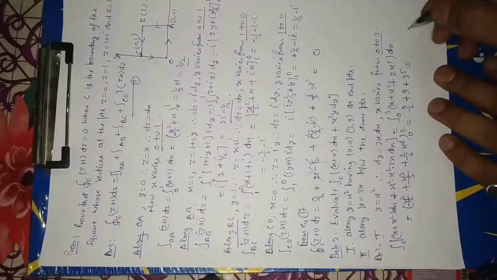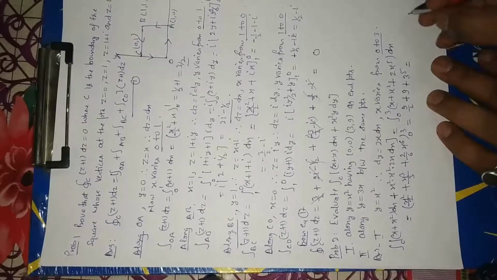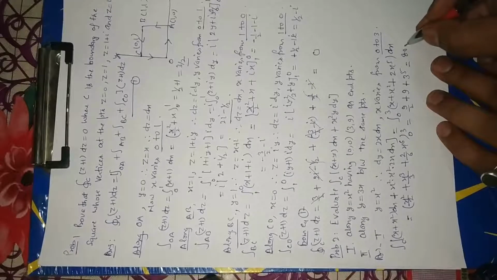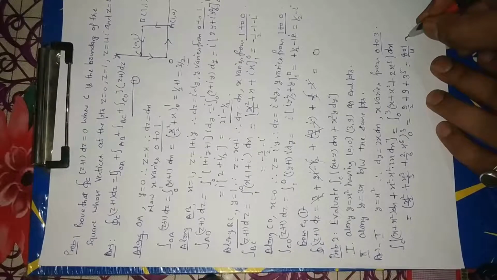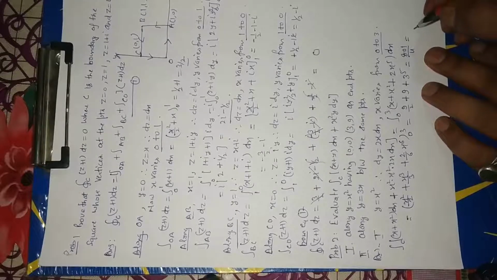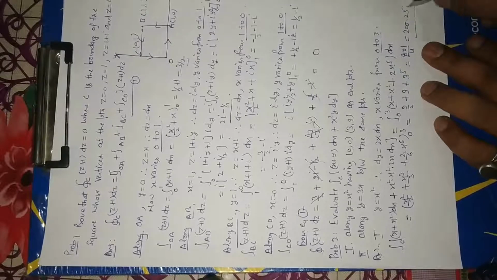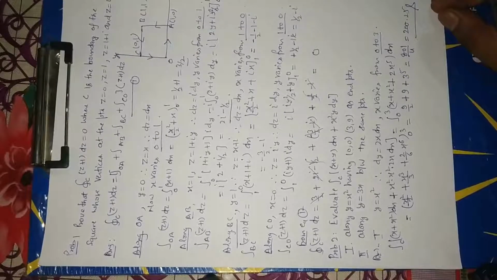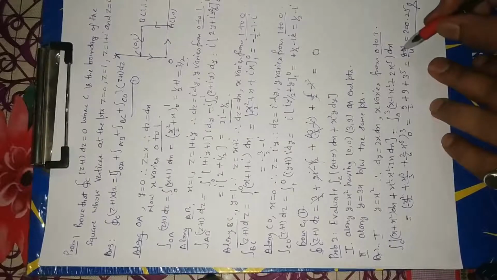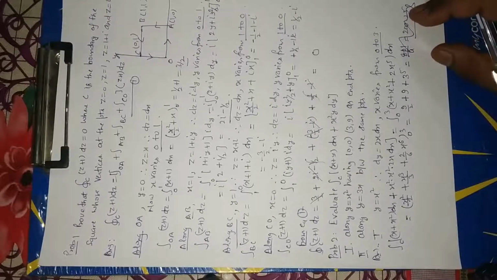Now the complete value is 801 upon 4, equivalent to 225. This is the complete solution. Sorry, this is wrong. This is the correct value.